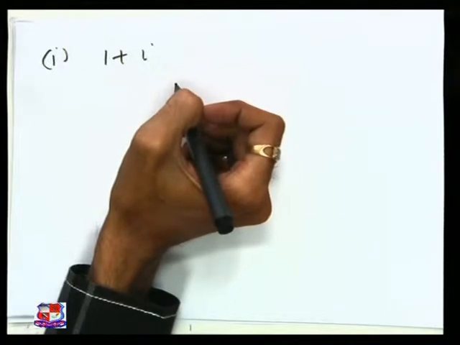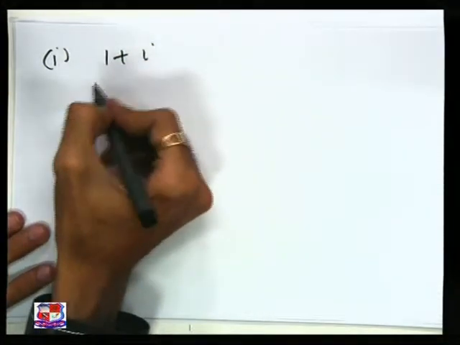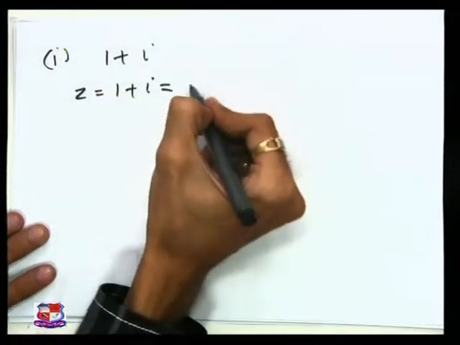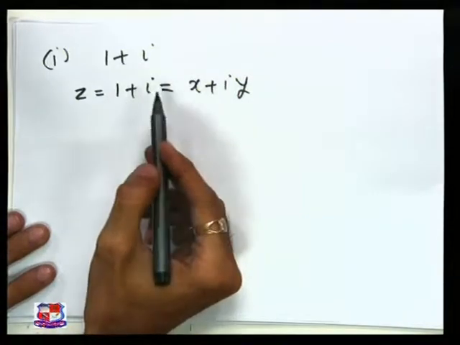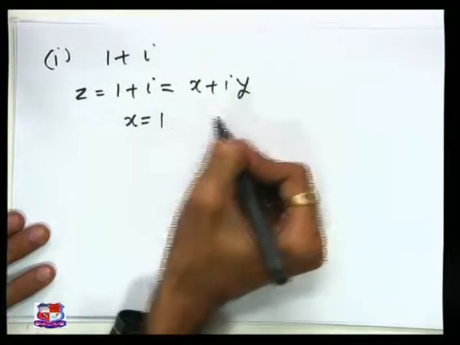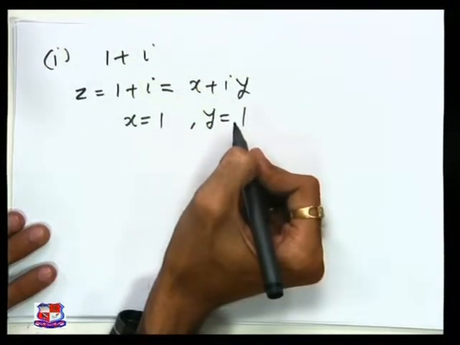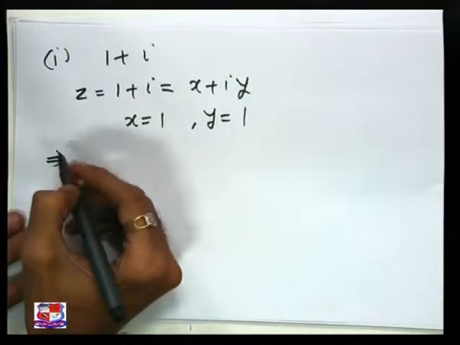Here, first I compare z equal to 1 plus i with x plus iy. So if I compare 1 plus i with x plus iy, then x is equal to 1 and y is also equal to 1.